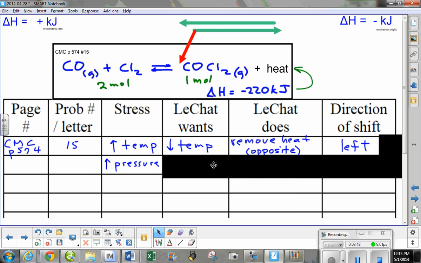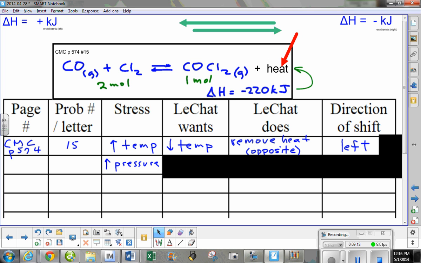And you say, well, gosh, what about the heat? Well, the heat is a problem in terms of moles, but it has no coefficient. It's not really a product, but it acts like a product so far as the equilibrium shifts when we're talking about anything like this first example with temperature.